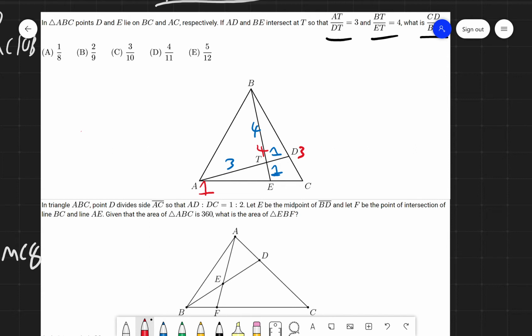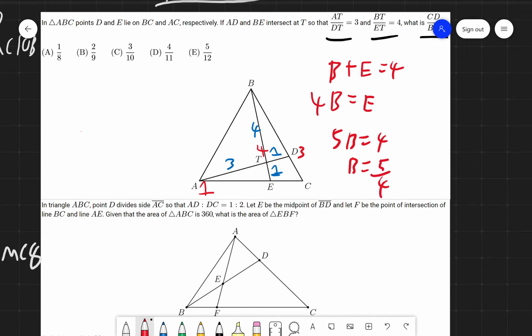But we don't know E or anything yet. B plus E equals 4, and we also have 4B equals E. So now we can substitute that in to get 5B equals 4, or B equals 5/4. So the mass of B is 5/4.